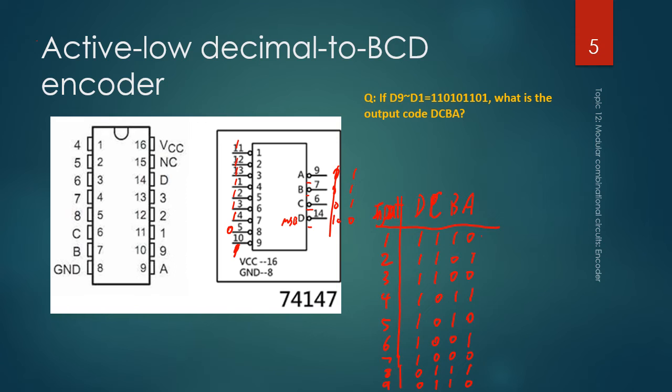That's what you will get for this circuit. For example, if D9 to D1 equal to this, what is the output code? Because this is also a priority encoder, since the highest active bit is D9, the code will be generated for D9, which is 0110. So you will see 0110 here.